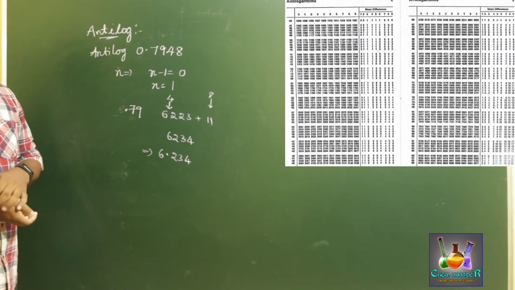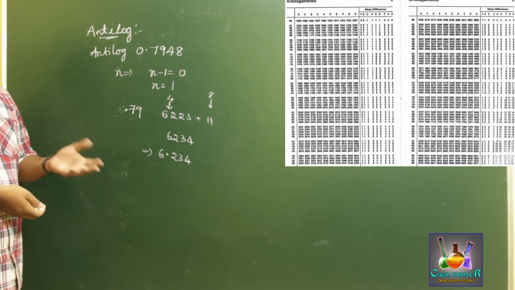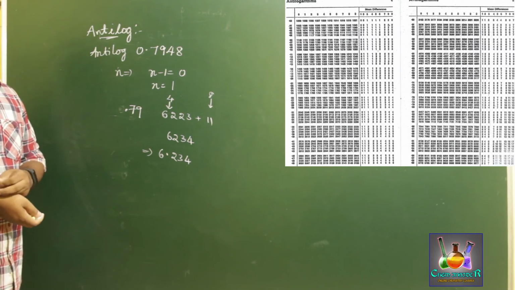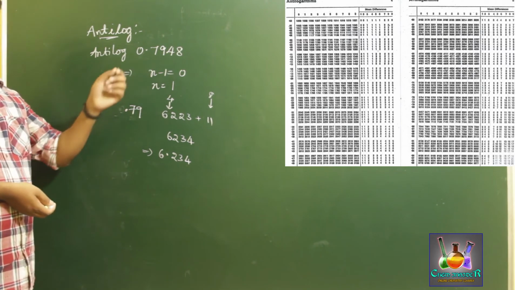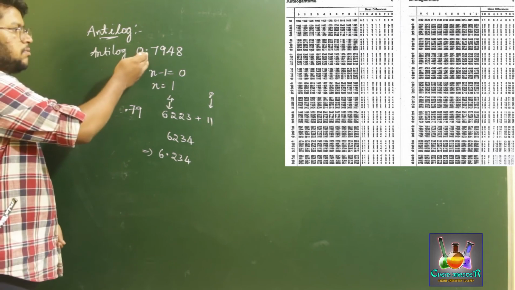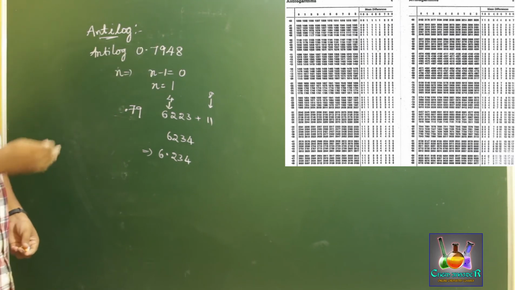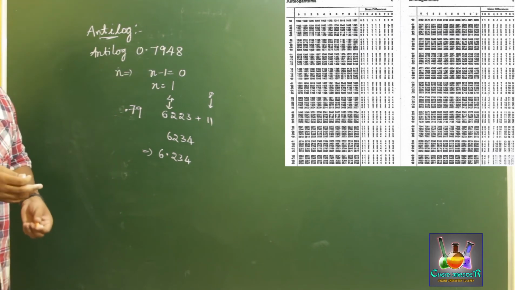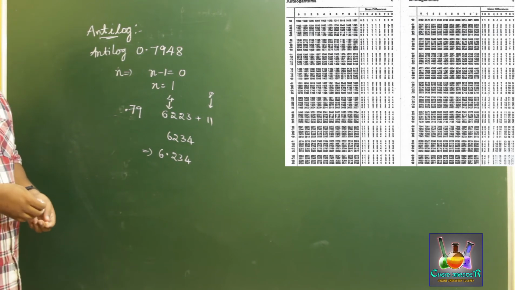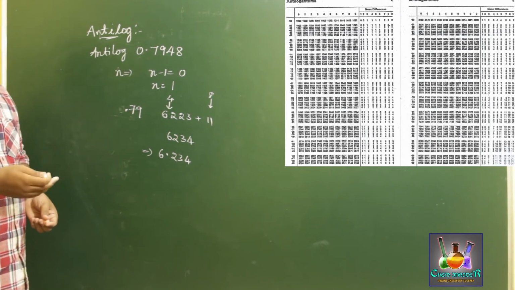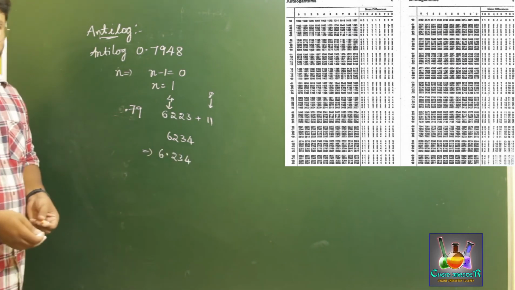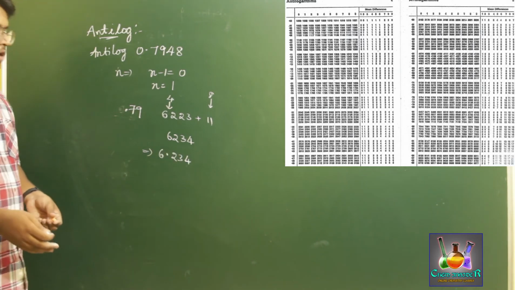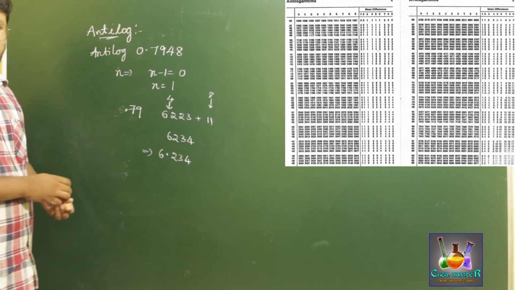Depending upon which log table you are using, you might have a slightly different value. Since the difference is only in the 4th digit, it doesn't make much of a difference to the answer. So don't worry if you get different values in the 4th digit. You need to worry only if you get a different value at the first digit itself.